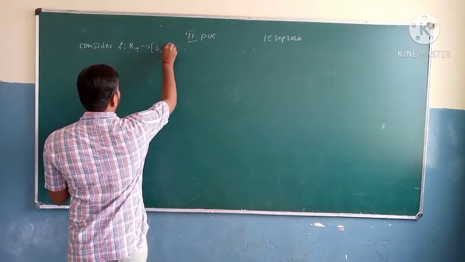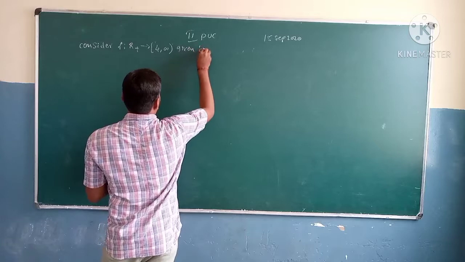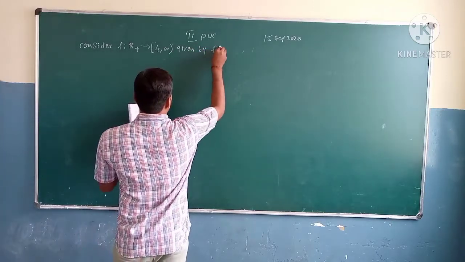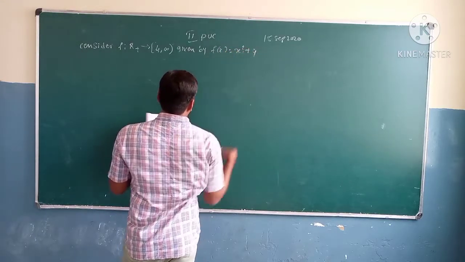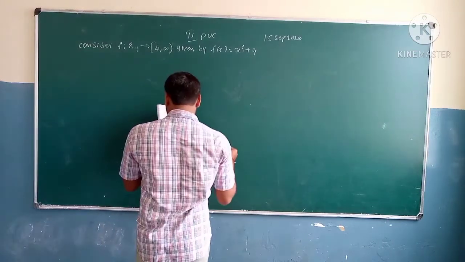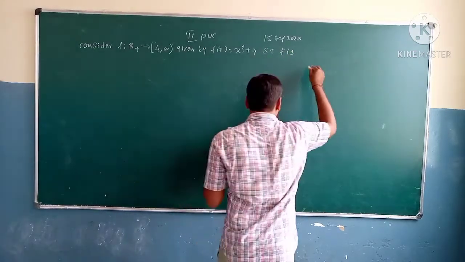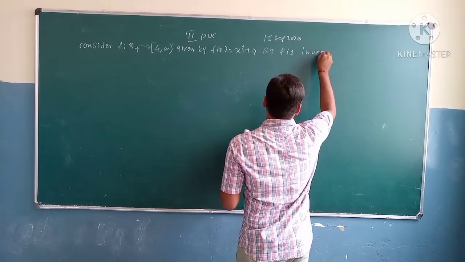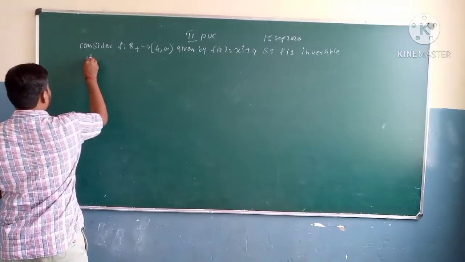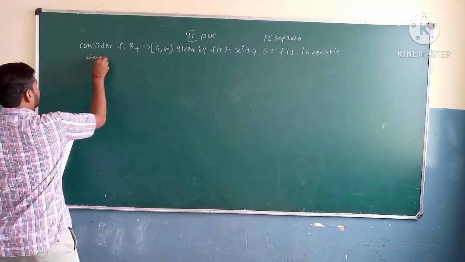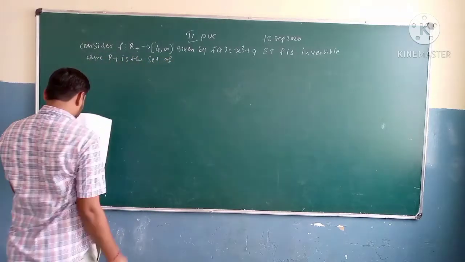So here it is going to be a closed open interval, given by f of x is equal to x square plus 4. Show that f is invertible, where R plus is the set of non-negative real numbers.